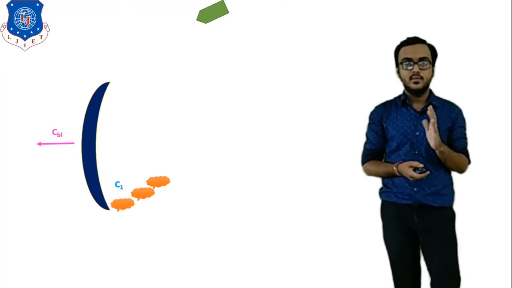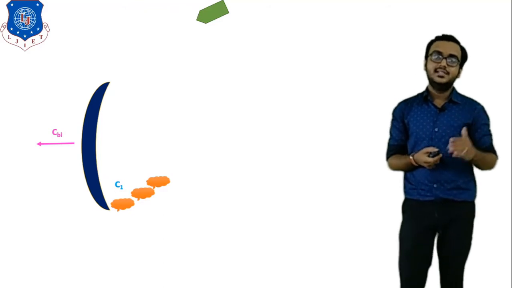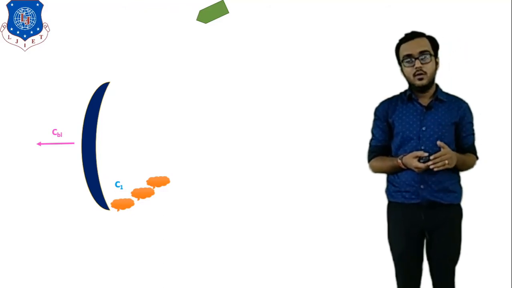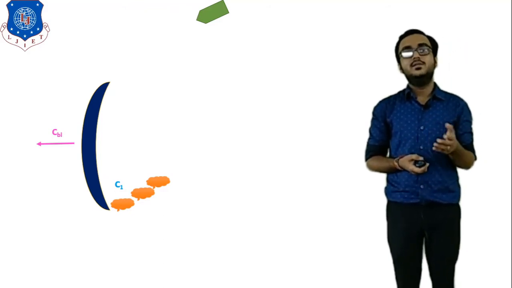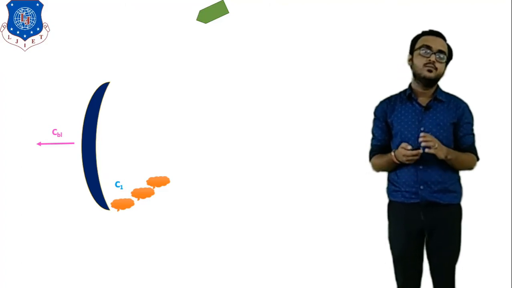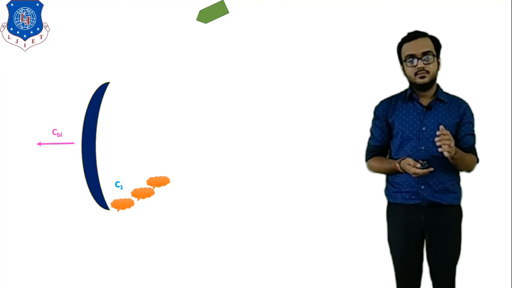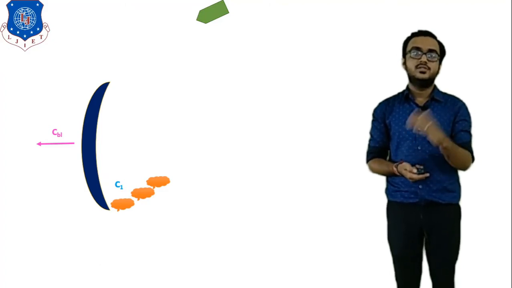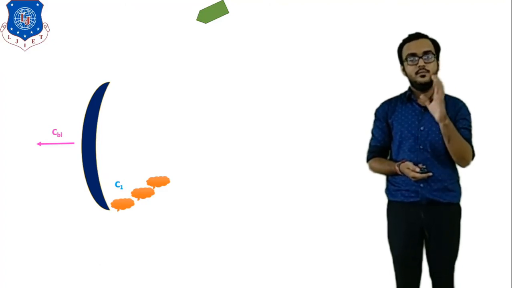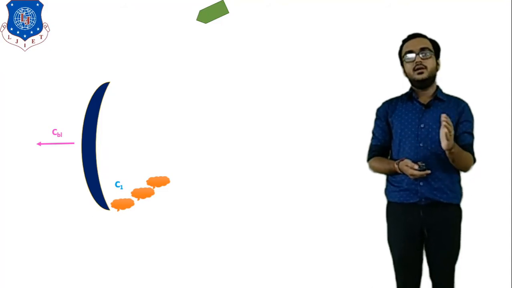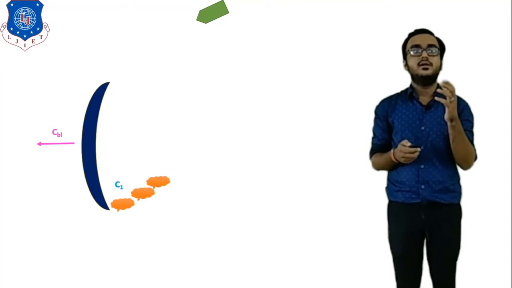Now to analyze the performance of the reaction turbine, we need to plot the velocity triangle, because in the impulse turbine we saw that the velocity triangle is one of the important tools. In a similar way, to analyze the reaction turbine, the velocity triangle is quite an important tool.